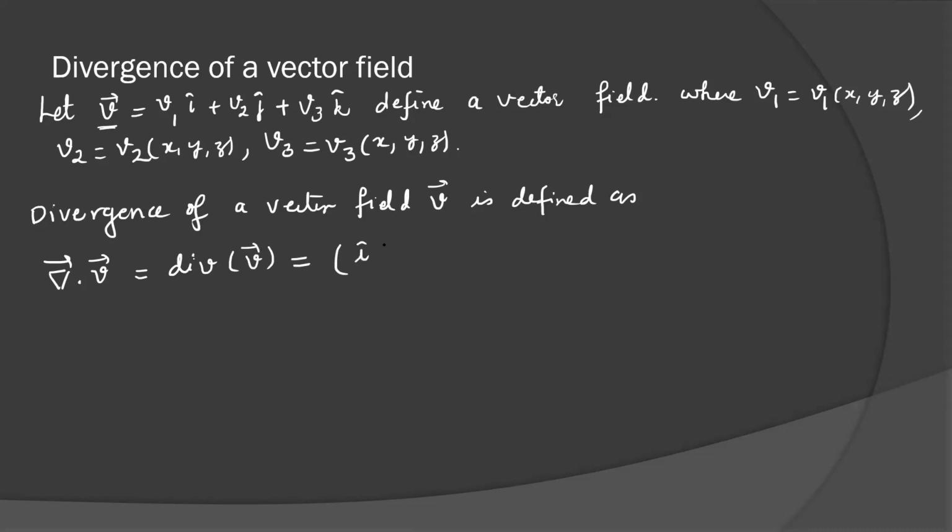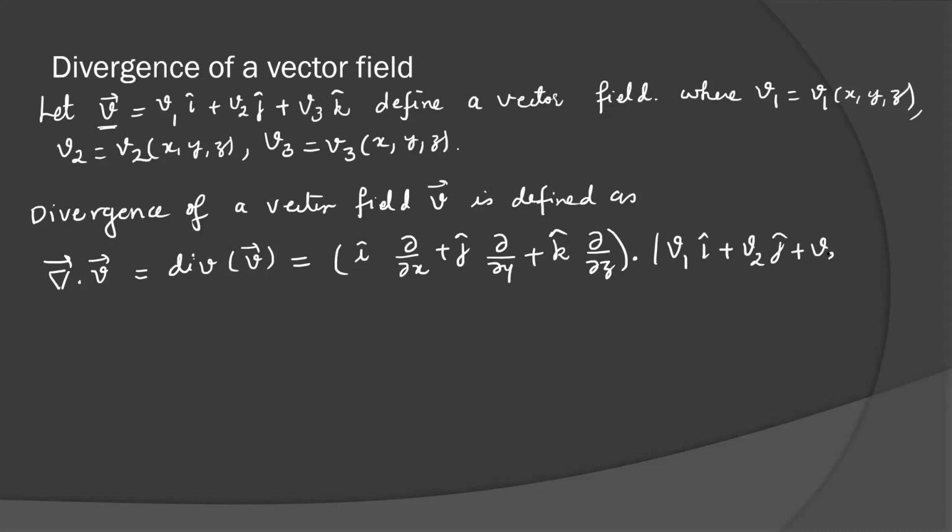It is equal to i del over del x plus j del over del y plus k del over del z dot v1 i plus v2 j plus v3 k. When you use the dot product property, it becomes del by del x of v1 plus del by del y of v2 plus del by del z of v3. So this is the definition.